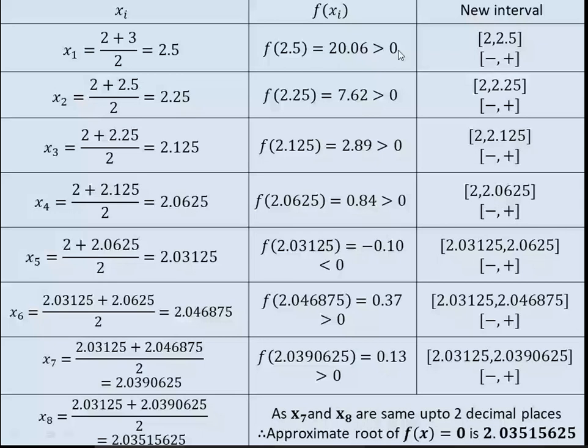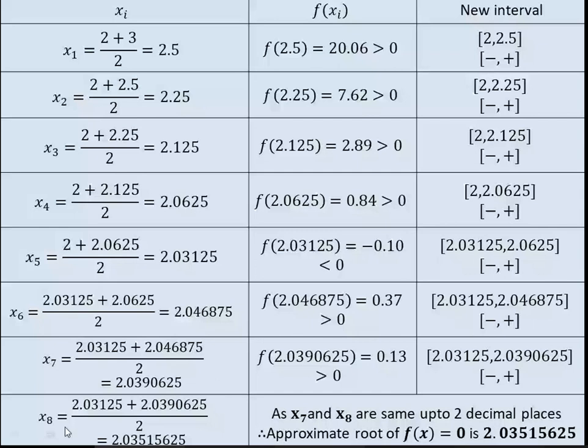And if the function is negative, then replace the previous negative value by this. Like that, go on, continue and get the new intervals, and check which 2 values of x are equal up to certain decimal places, whatever is asked in the problem. And accordingly, whichever 2 terms are the same, then the last iteration gives us the answer.